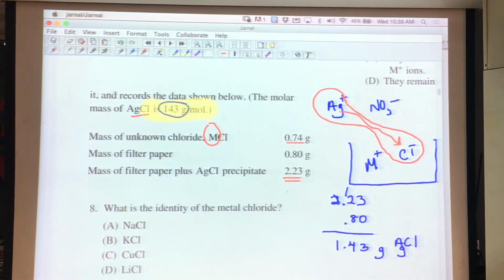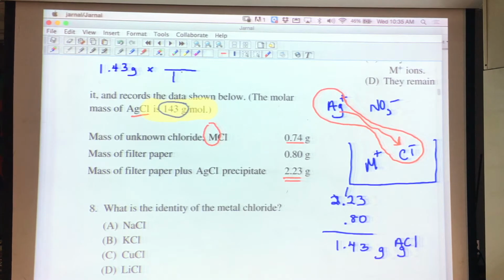So what I have here is 1.43 grams of silver chloride. And I want to get rid of grams and go to moles, because I want to find out how many moles. That's what I'm trying to do here. It's precipitation analysis, just like the other question we went over in part 2, the free response question 1 we just went over. This is the one that is just like it.